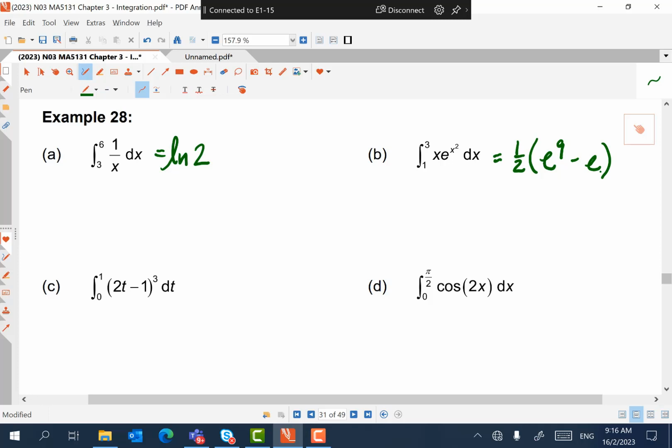Okay, Viresh, without thinking, without doing any calculation, what is this equal to? Okay, Viresh, give it another chance.